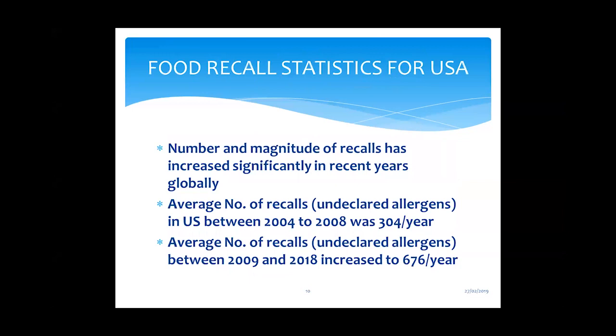Here in the US, the average number of recalls declared from the year 2004 to 2008 was about 304 annually. And that has more than doubled between the year 2009 and 2018. So there has been a significant increase within the next 10 years.